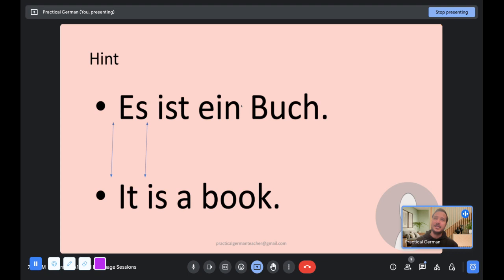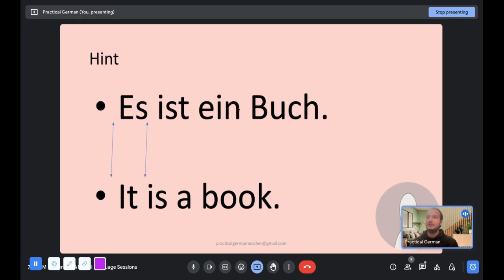From the ein, it is obvious that it cannot be feminine, right? Because if it was feminine, it would have been eine. What I'm asking is, is it der or das? So from here it is obvious that it is not feminine, so die is out of question. So it can be der or das. What do you think it is? Just take a guess. Das. It is das. Okay.